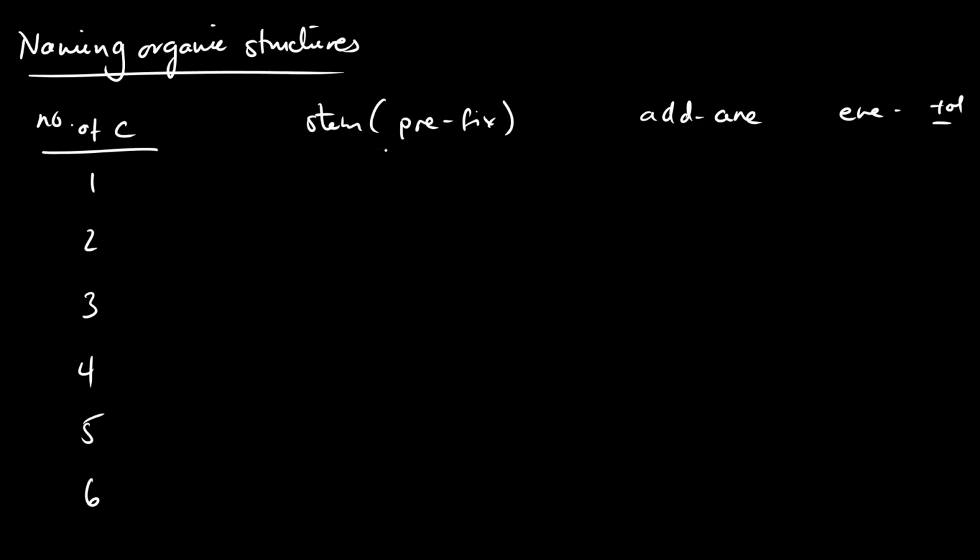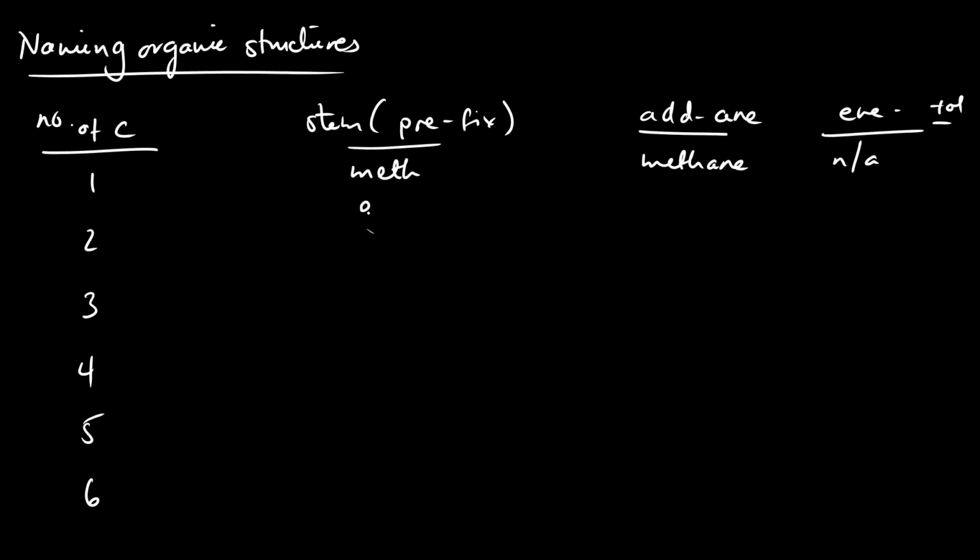If you have 1 carbon, you have the stem meth, like methamphetamine. Methane would be an alkane. It has 1 carbon. And it's not applicable to have methene, because an alkene has a carbon double bond. Put simply, if you only have 1 carbon, how are you going to have a carbon double bond? So it's not applicable.